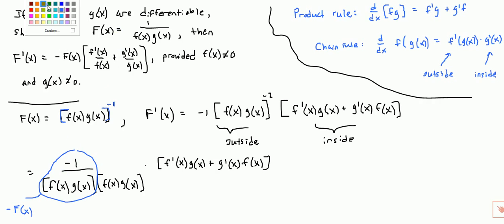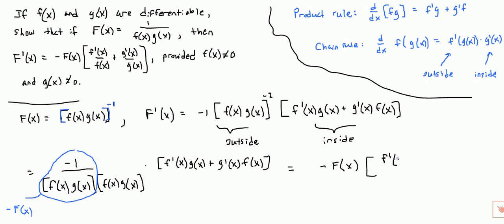So we can rewrite this. It's going to be negative big F of x. And then I'm going to put this f of x, g of x in the denominator right underneath all of this stuff. So I have f prime of x times g of x, that's g prime of x times f of x. And then underneath it, I'm putting f of x times g of x.